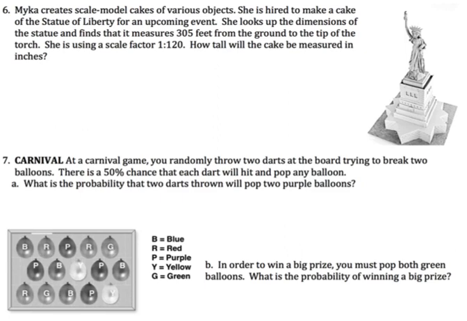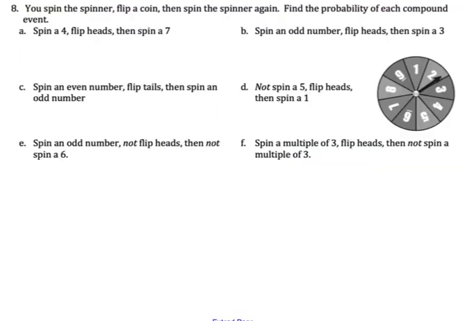Number 7, this one is an interesting one. It looks like there's only 2 events, but there are actually 4 events going on here in each of those. Number 8, just more probability, dealing with a spinner, a coin flip, and then doing the spinner again.